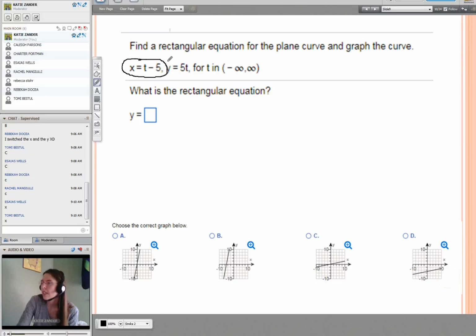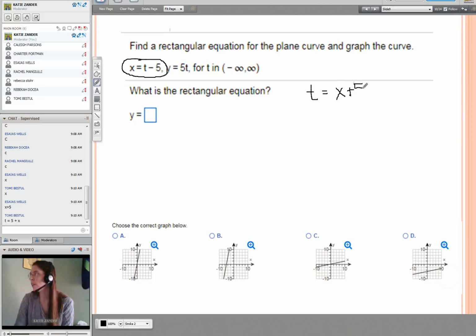So working in this equation right here, how would I get t by itself? Or what will t equal when it is by itself, I should say? X plus 5 or 5 plus x, yeah, however you want to write that.